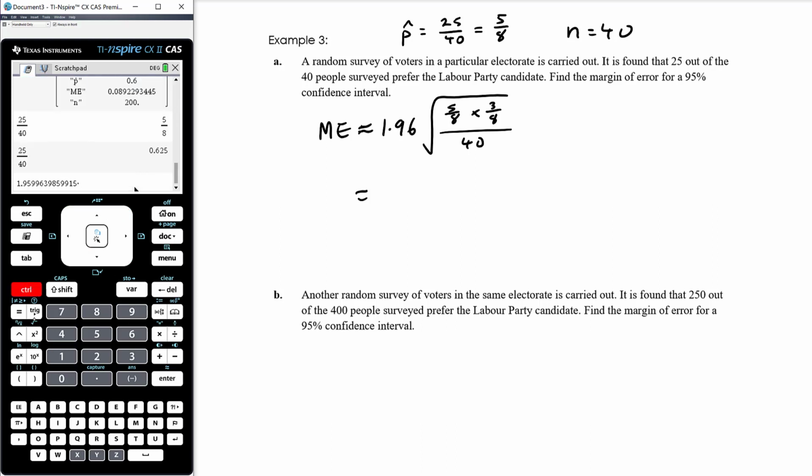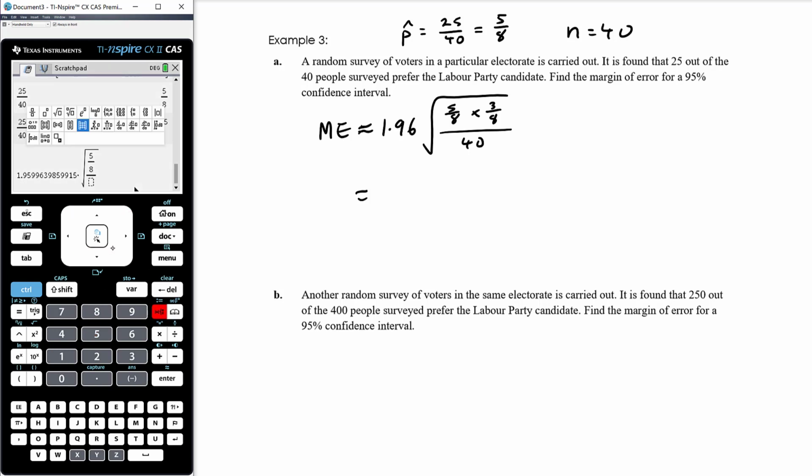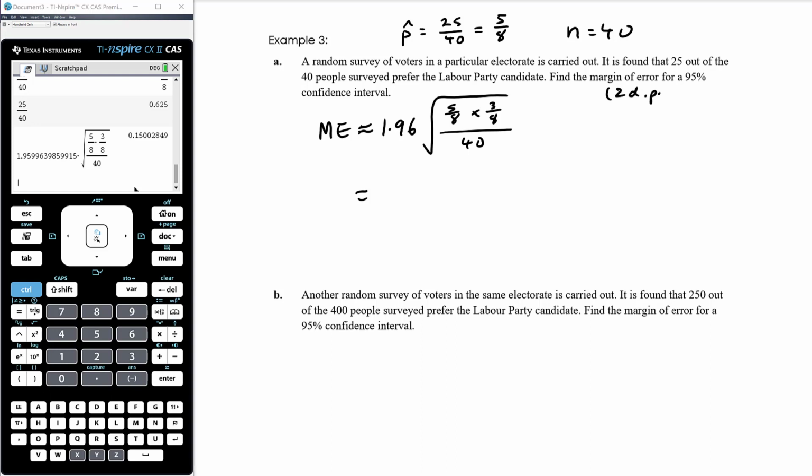So it's going to be that times the square root of 5/8 times 3/8 over 40. And that is approximately, and again we haven't been given accuracy, it makes sense to do 2 decimal places in this one, given the numbers. Margin of error is approximately 0.15.